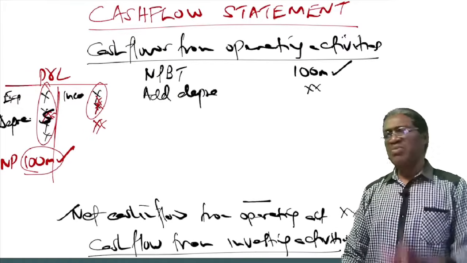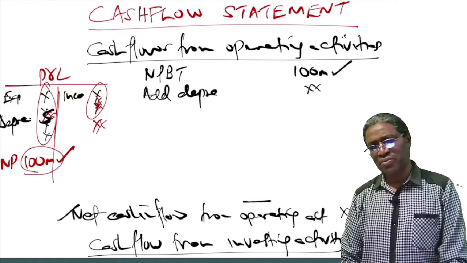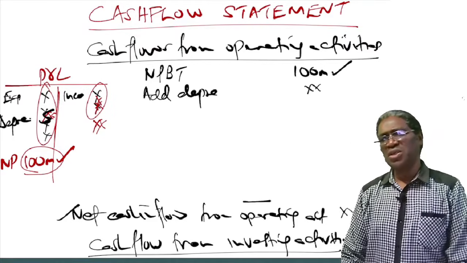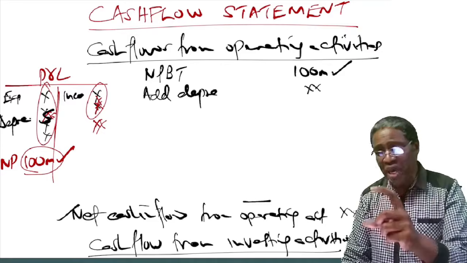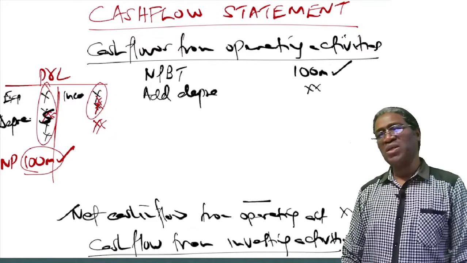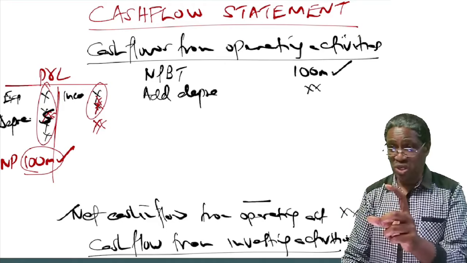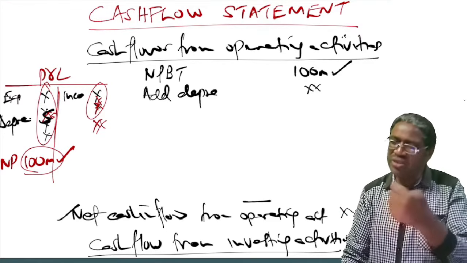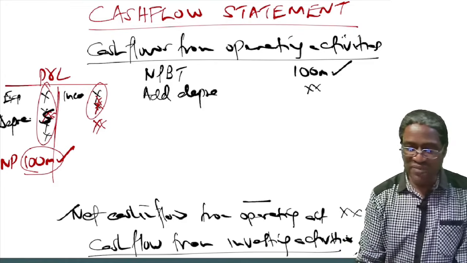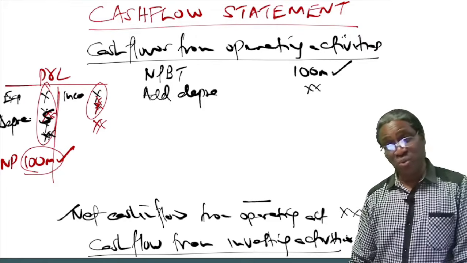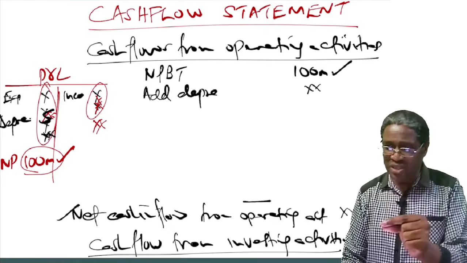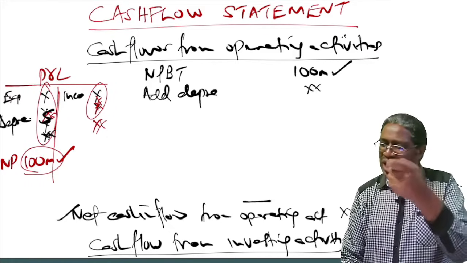Good. Let me give you another example. During the year, you as a company had to impair your goodwill. For example, you had an asset called goodwill and you impaired that goodwill. So that impairment charge for the year is what you must have debited your P&L account with. When you debited the P&L account with that impairment, did you actually pay cash for it?